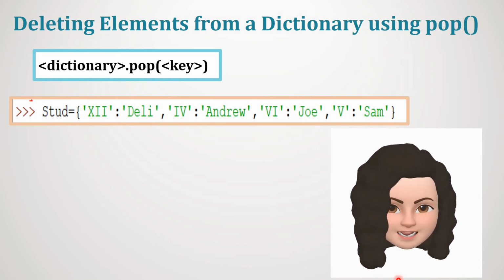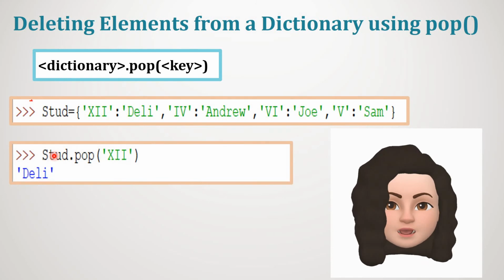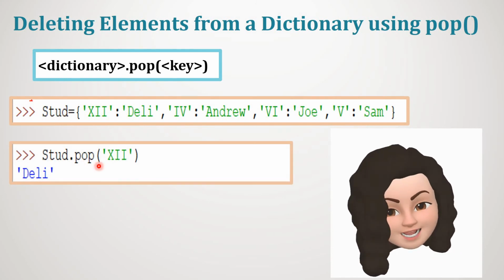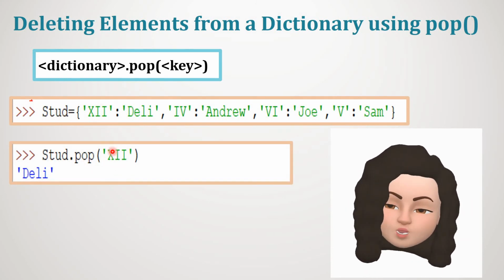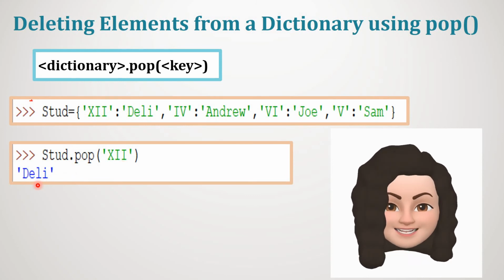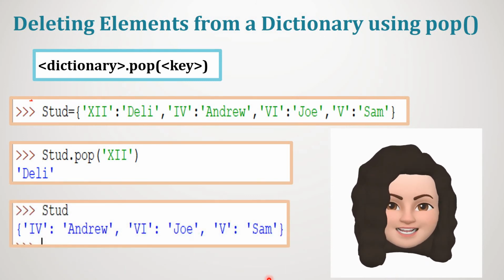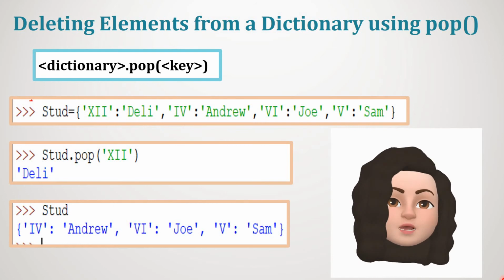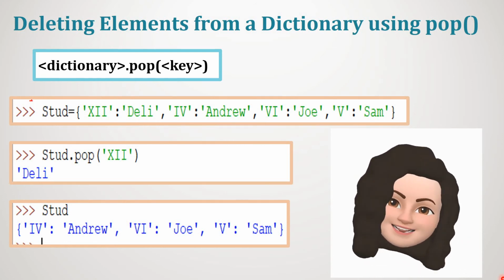So STUD.pop, within parentheses I give the key, which is 12. It returns the value which is deleted, Delhi. Now let's see the dictionary STUD. Yes, the key value pair 12 colon Delhi is removed. So pop will return the value of the key which is deleted.